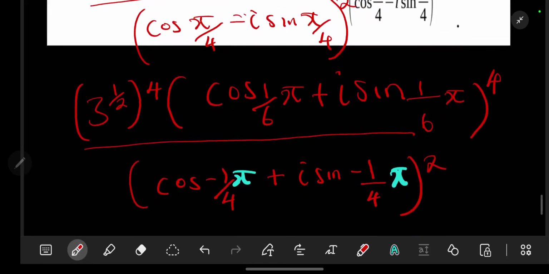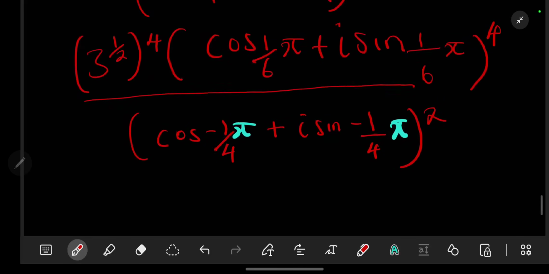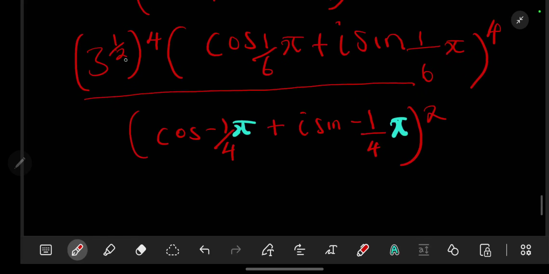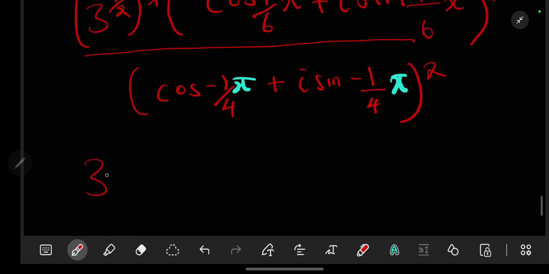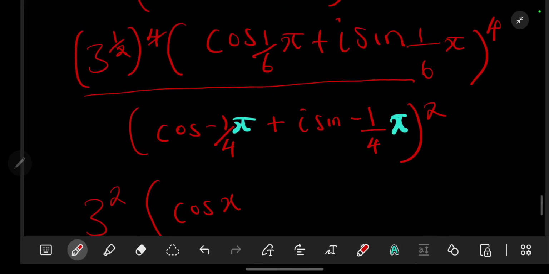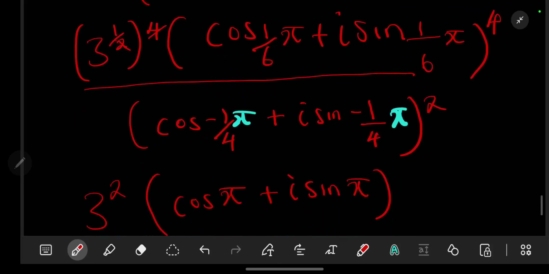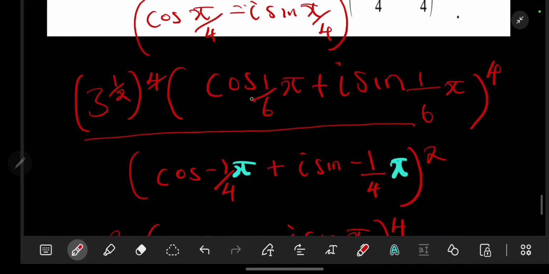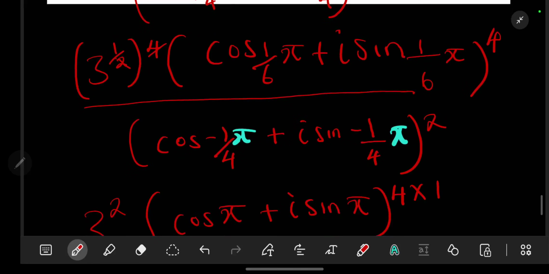Now all we have to do is take this value outside and take this value outside. That means we are going to remain with pi. So let's begin working here. This and this cancel. We are going to remain with 2 there. So this is going to give us 3 to the power 2 by cos of pi plus i sine of pi, to the power of 4, then times this 1 over 6, since it's thrown outside.